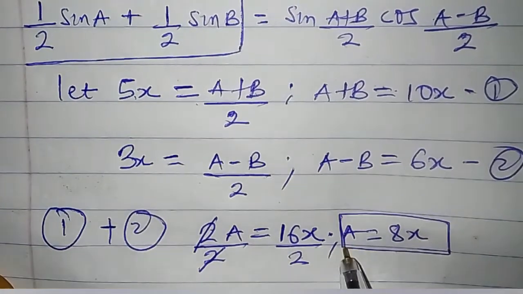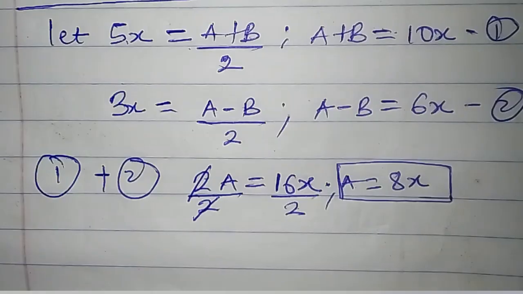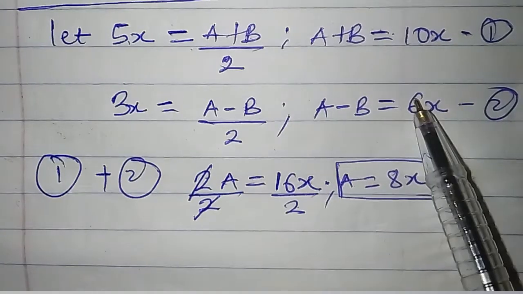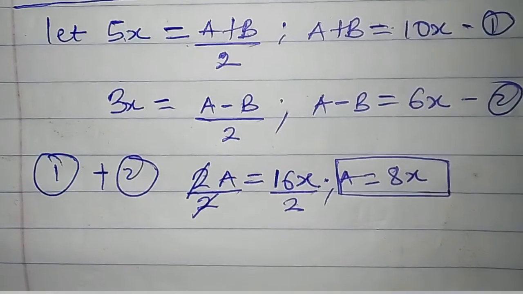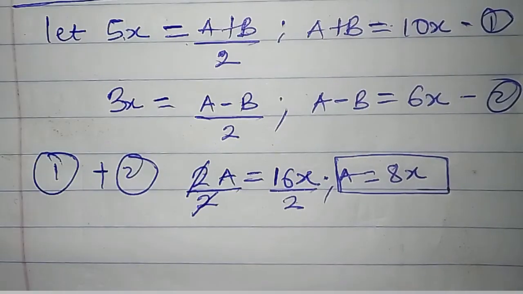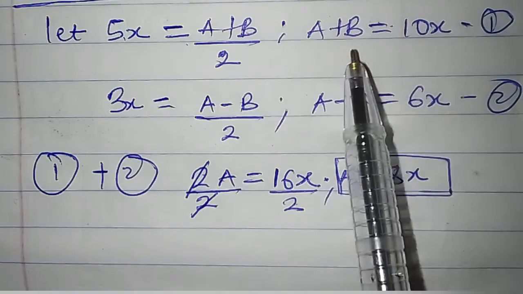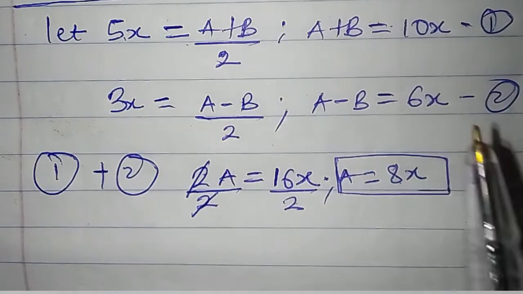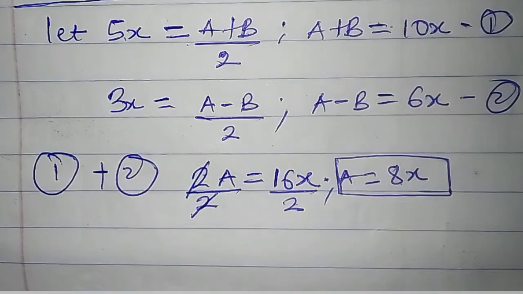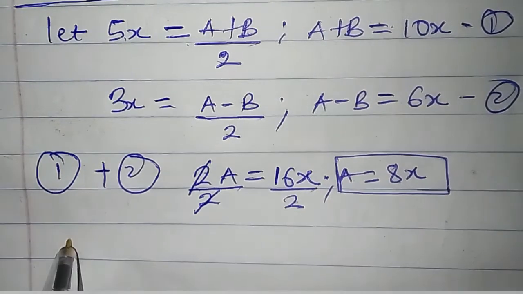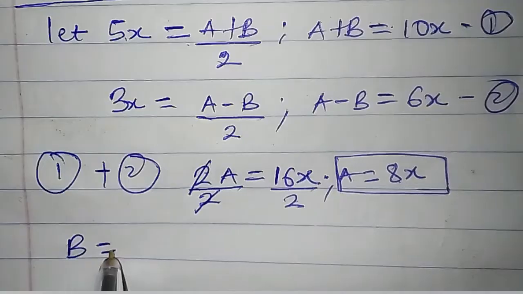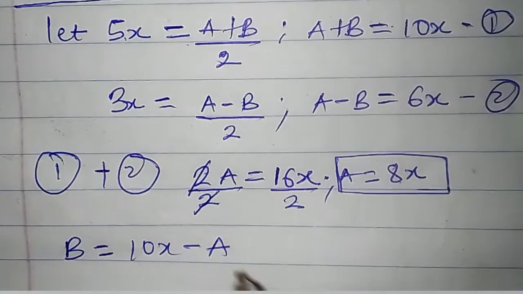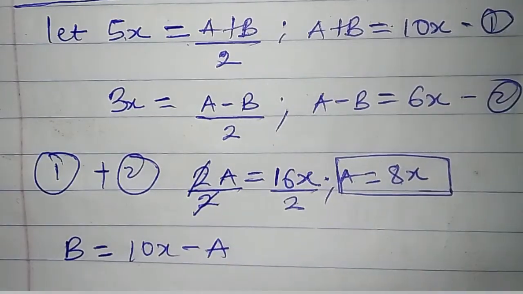So let's keep this value. We may not need to subtract equation 1 from 2 or equation 2 from 1 to get B. Let's just make a substitution. From equation 1, we can just make B the subject of the formula and substitute 8x for A. So if we make B the subject, we'll be having B is equal to 10x minus A. A will cross and turn to minus.